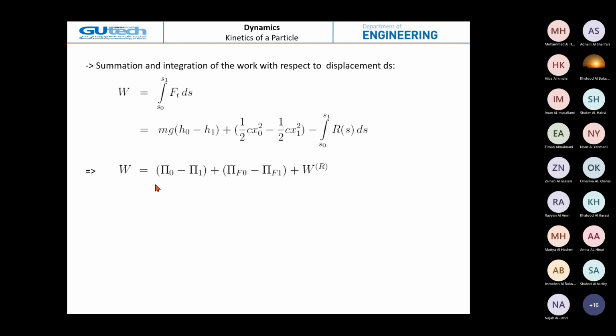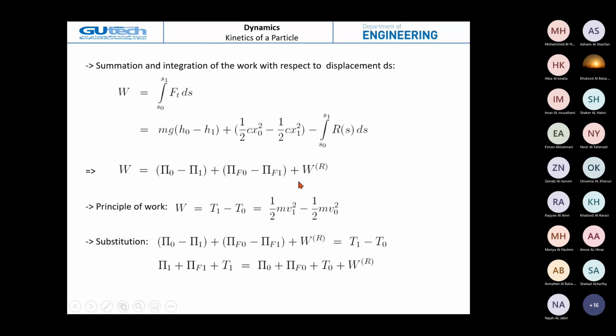Now, W here is the difference between the actual and the initial potential for the mass M, for the spring, and for the friction. Then we have the principle of work. The work is also the difference between the kinetic energy at actual time and the initial time.